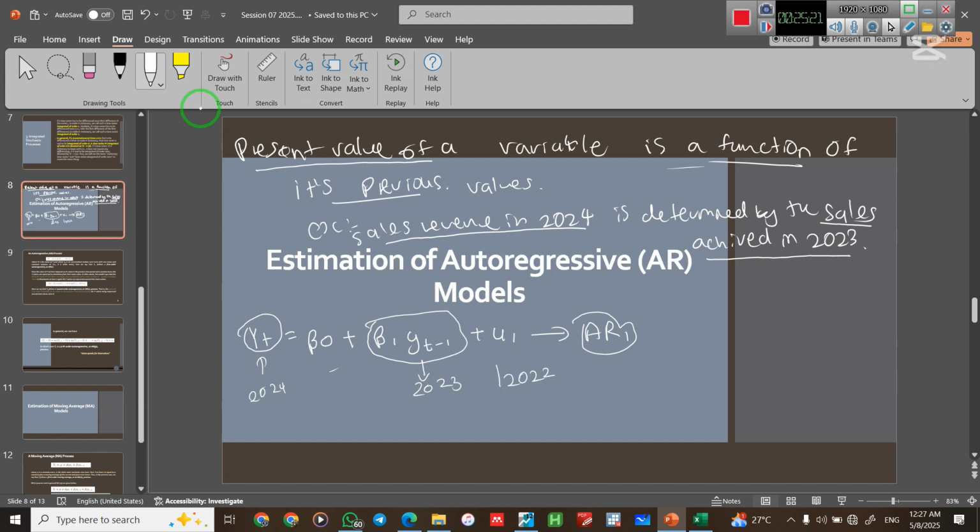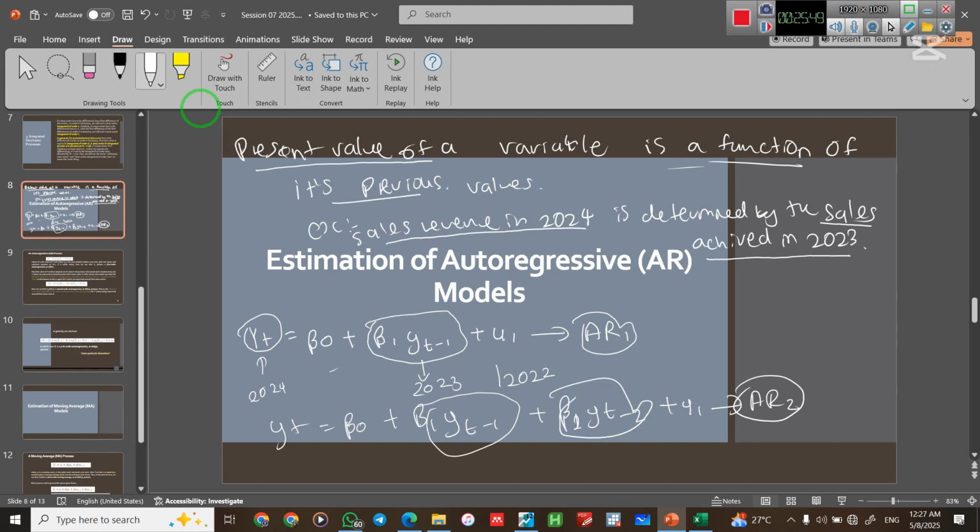2022. So your equation will be like Y_t equals beta naught plus beta 1 into Y_(t-1) plus beta 2 into Y_(t-2) plus your error term, right? This type of AR model we call an AR2 model, because there are two AR terms, or two year factors, that have determined the current year sales.